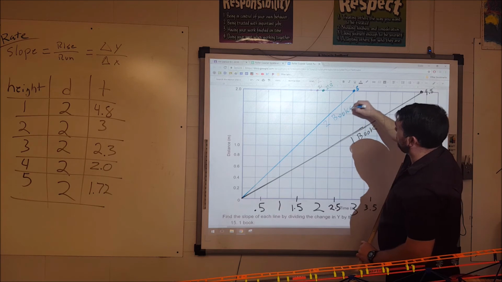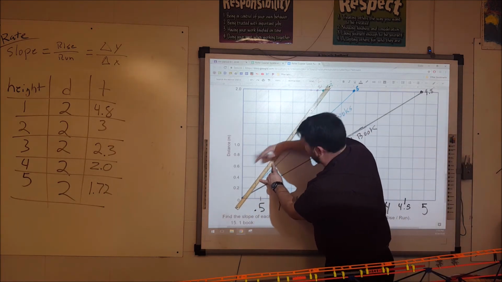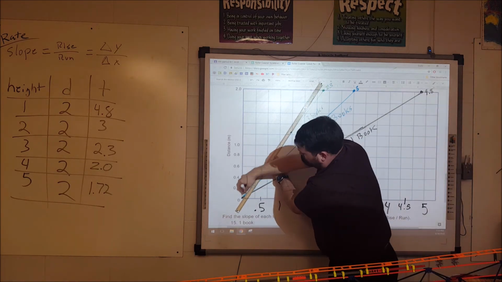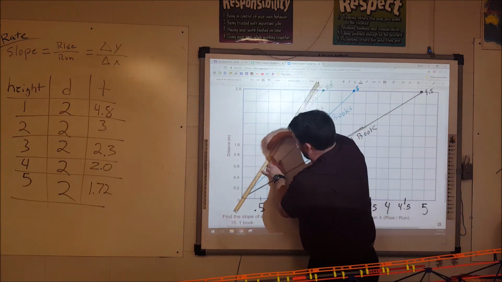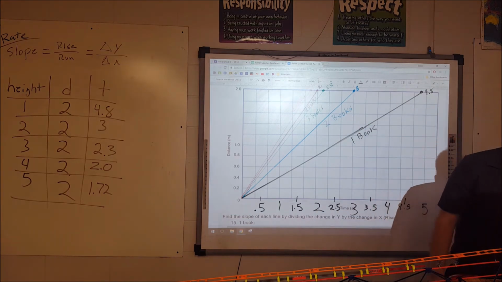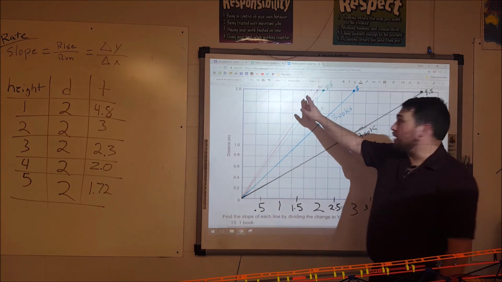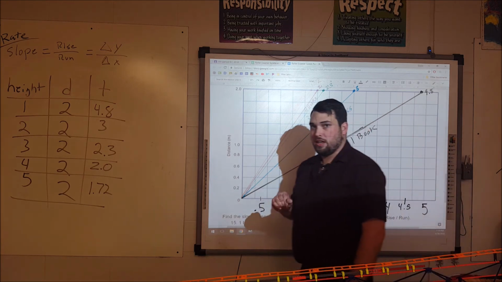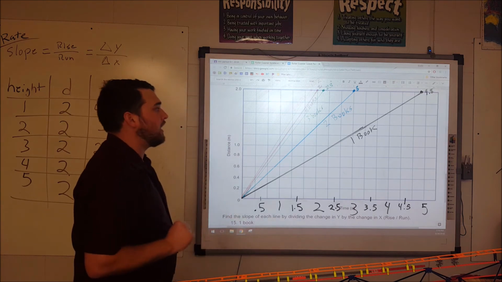This is 2 books. Now it should be pretty obvious that as we increased the height of the ramp, the time to complete the 2 meter distance was less each time. And the roller coaster moved faster as we raised it up.